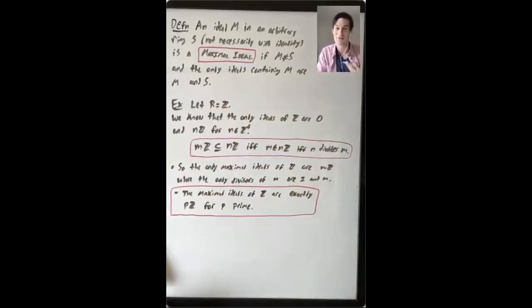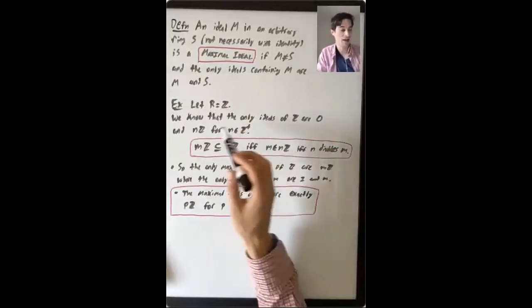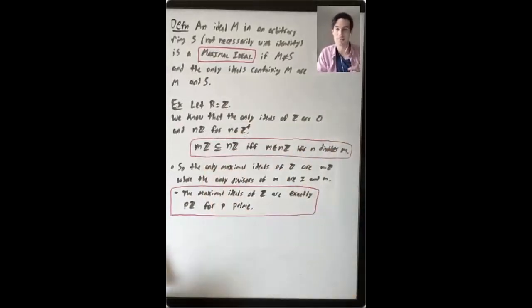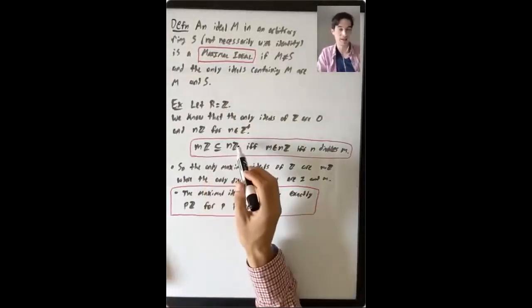All right, so to get a feeling for what this condition on ideals is getting at, let's look at the simplest example we can, R equals Z. We know that the only ideals in Z are the trivial ideal, and then nZ, where n is a positive integer. So let's try to figure out which ideals are maximal. So we need to know when is one ideal contained in another.